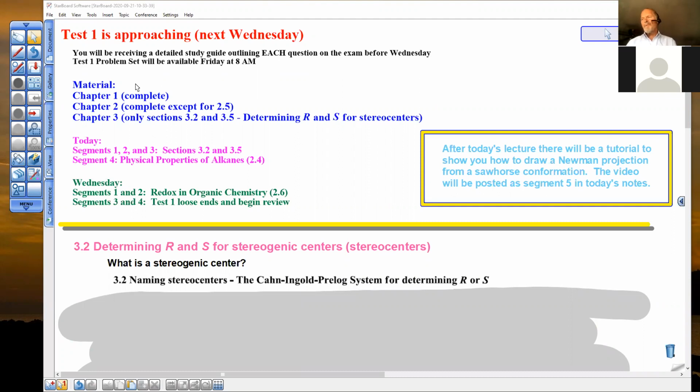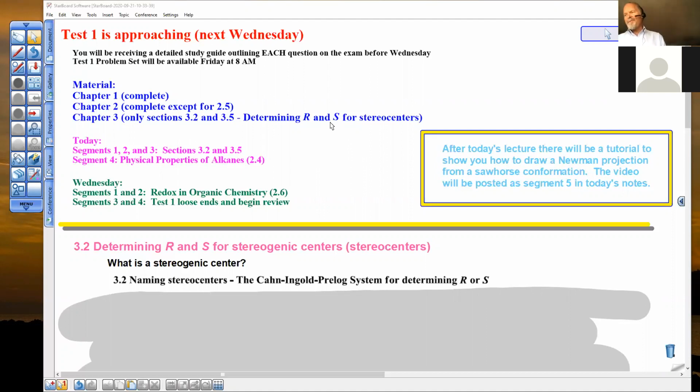Material for the test will be all of Chapter 1. In Chapter 2, everything except for petroleum distillation in Section 2.5. And Chapter 3, only 2 sections that we will be using on every exam in Organic Chemistry 1 and 2. We will be doing what's called naming of stereocenters. So we have to know what R and S means by the end of today.